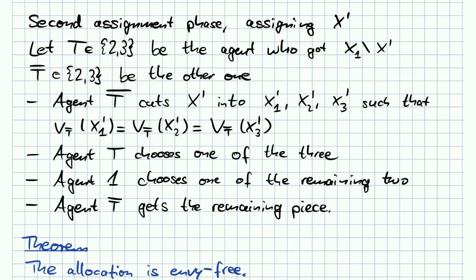Well, all we have to do is verify the envy-freeness inequalities. What were these envy-freeness inequalities? Agent 1 should not envy Agent 2, and Agent 1 should not be envying Agent 3, and so on. So we'll have in total 6 envy-freeness inequalities, all of which we'll have to verify.